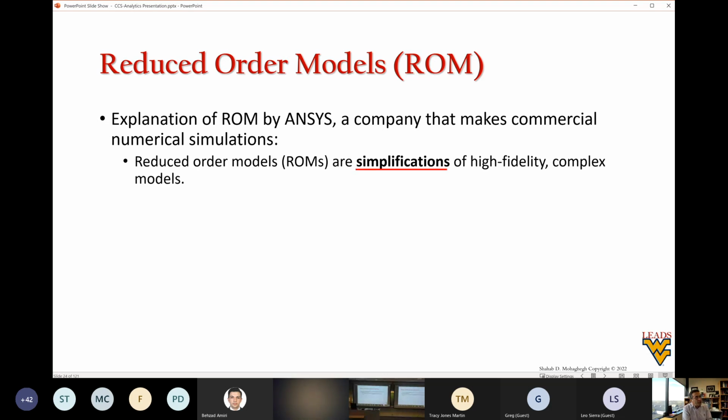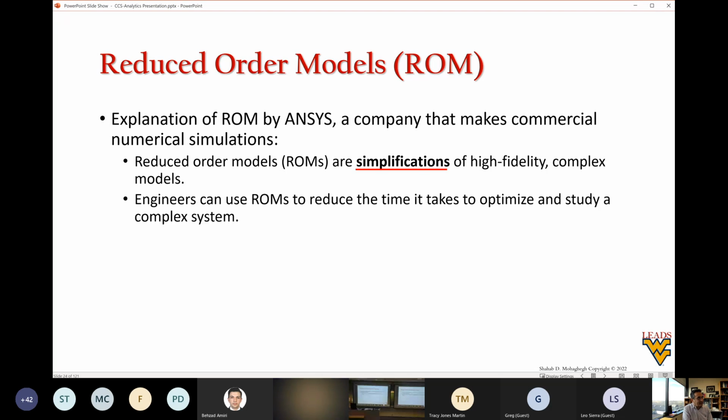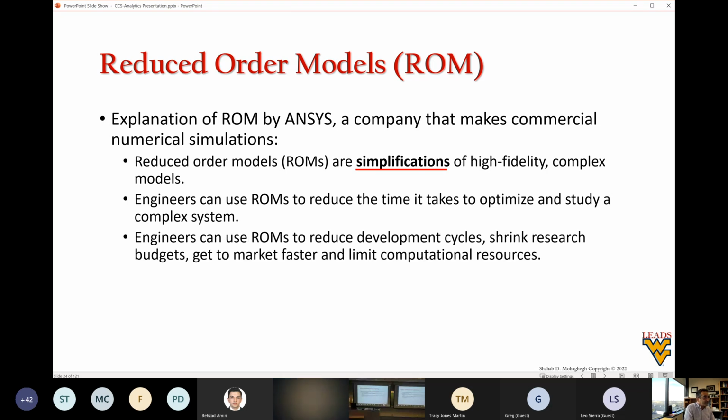They say reduced order models, ROMs, are simplifications of high fidelity complex models. That's absolutely correct. Engineers can use ROM to reduce the time it takes to optimize and study a complex system. This is what this commercial company is saying.